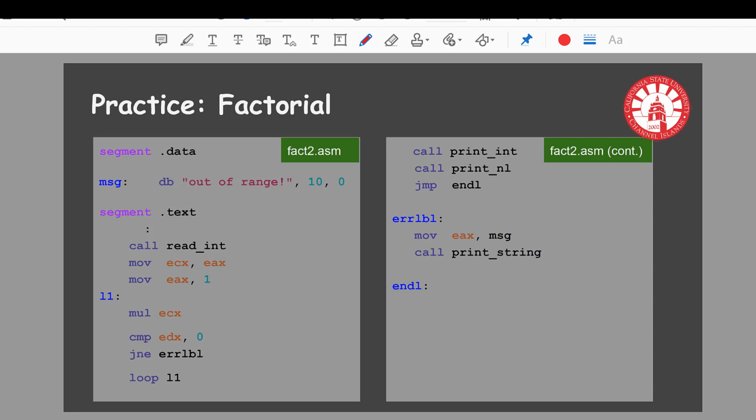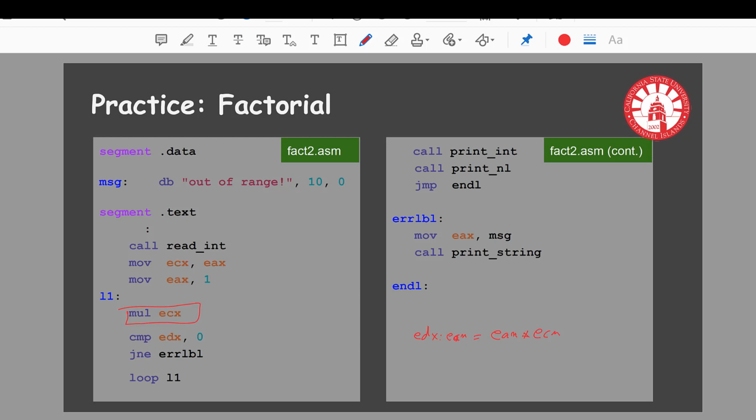So when we do the multiplication, as mentioned in the previous slide, we are going to have the EDX register concatenated with the EAX register as the destination, and our EAX register is going to be multiplied by the ECX register.